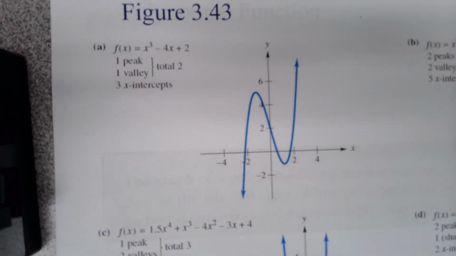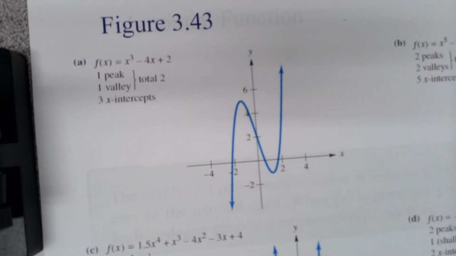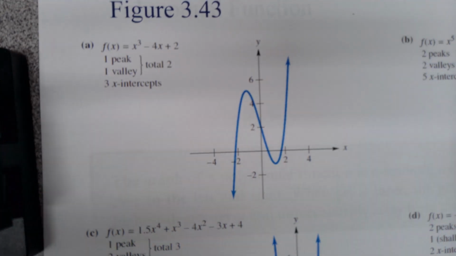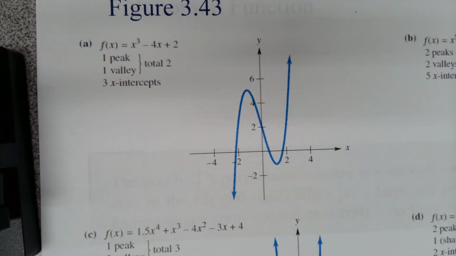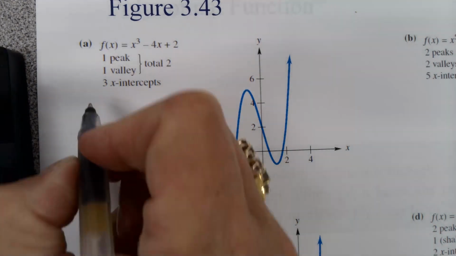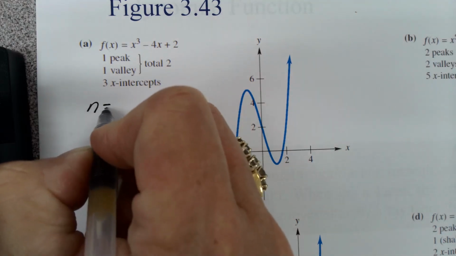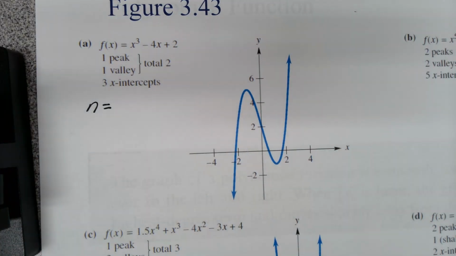So just thinking about the prior slide and the things we've talked about, when we look at this figure in letter A, we have f of x is equal to x cubed minus 4x plus 2. Let's think about all the different bits of notation that we've already talked about. n is our degree, which is the highest power on x.